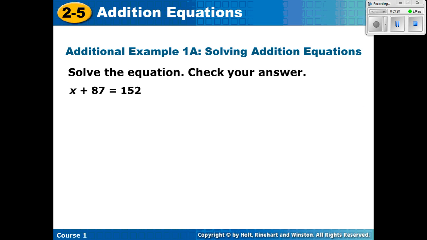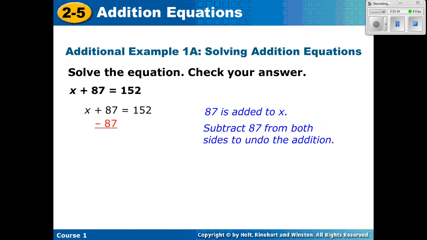So I'm going to subtract 87 from both sides. So that cancels the 87 out on the left side of the problem where the variable is. So that just leaves x. So it's x equals 65.